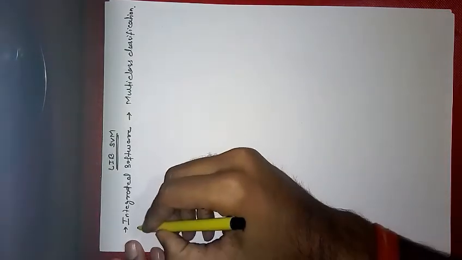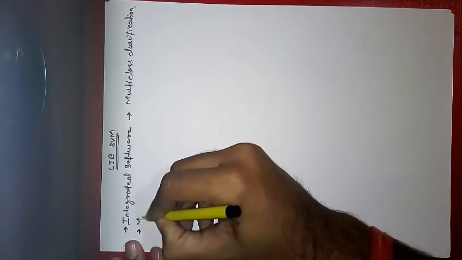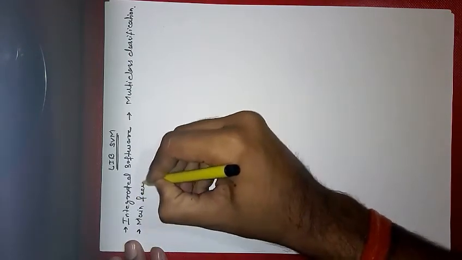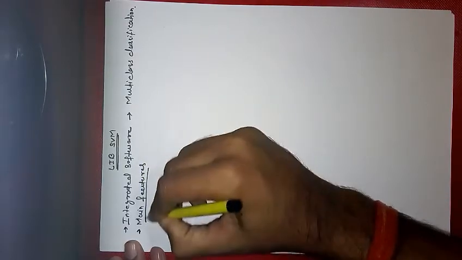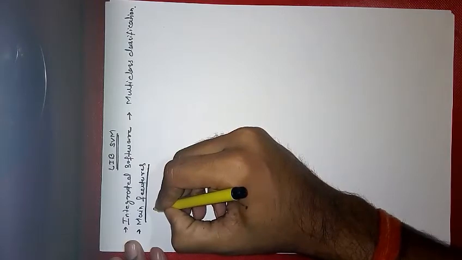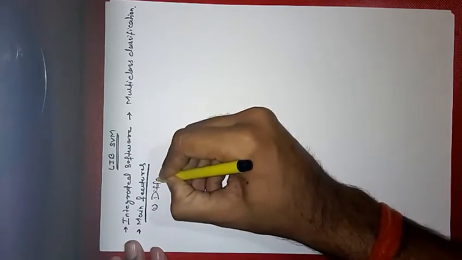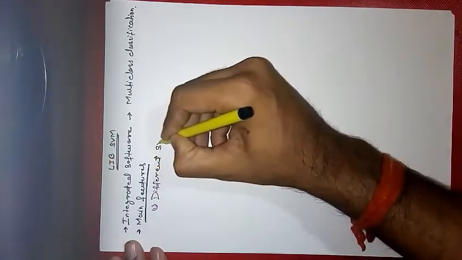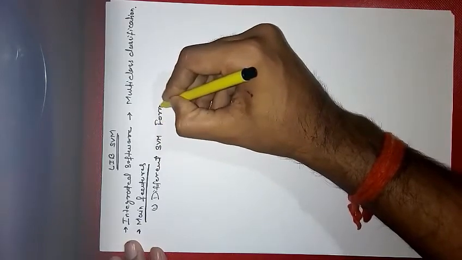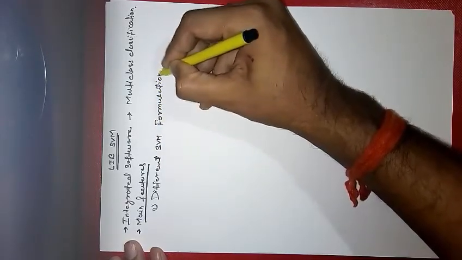Some of the main features that library SVM imposes: what are the features of library SVM? We can say the first one is different SVM formulations. Different SVM formulations can be provided by the library support vector machines.